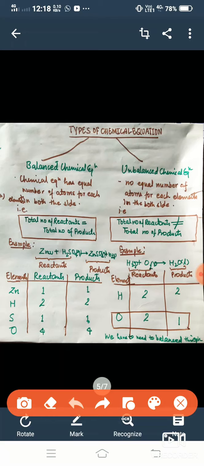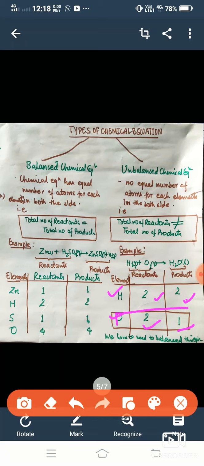Here in this equation two elements take part, hydrogen and oxygen. The number of hydrogen atoms on the reactant side is 2, and the number of hydrogen atoms on the product side is also 2, but the number of oxygen atoms on the reactant side is 2, and the number of oxygen atoms on the product side is only 1.